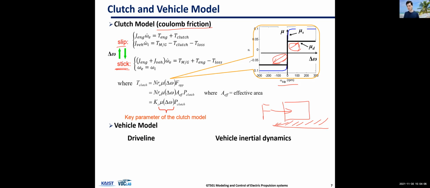And this creates some complexity because you have these two states and you need to go back and forth between the two models. When it's in stick condition, you have 1 degree of freedom, because everything is rotating together. But when it's slipping, you have 2 degrees of freedom because engine and vehicle are rotating at different speeds.